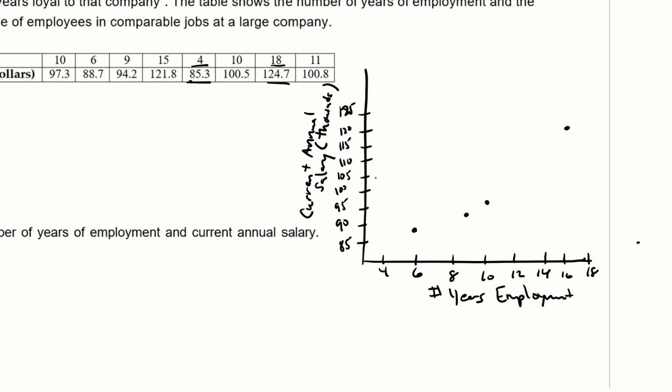Around there. All right. 4 and then 85.3. 10 and 100. 18 and 125. And then 11 and 100.8.